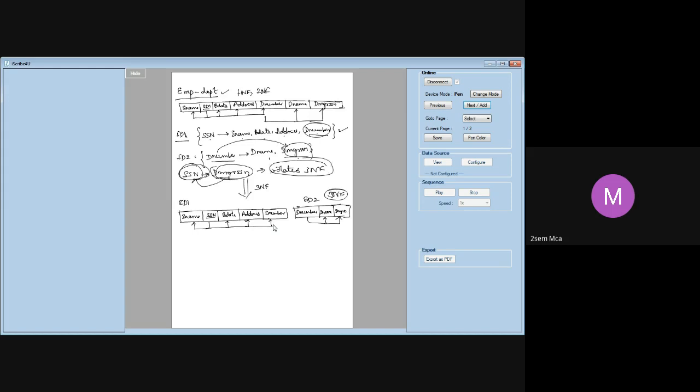How do you set it right? We decompose this EMP department table into two different tables, ED1 and ED2. Both the functional dependencies are still retained. Hence, we say that these two tables are in third normal form.